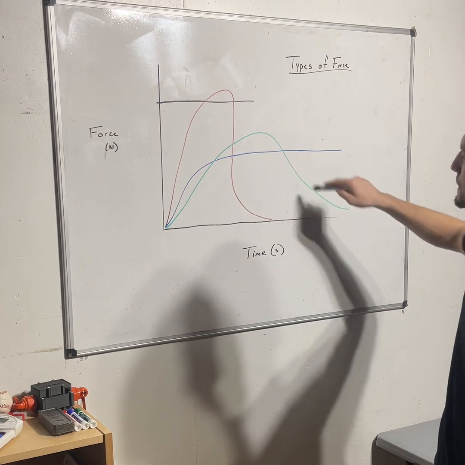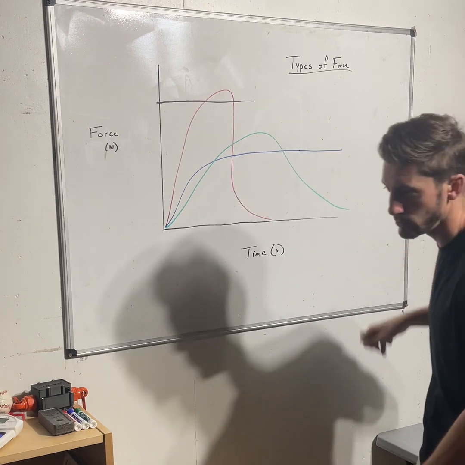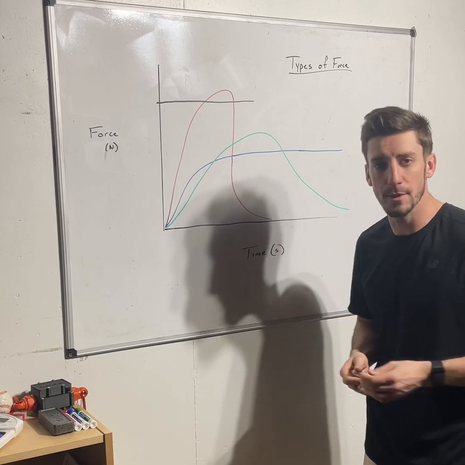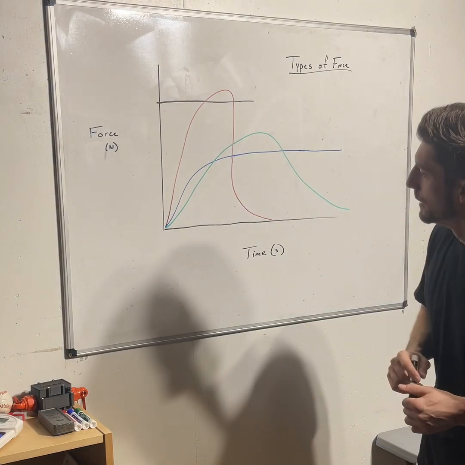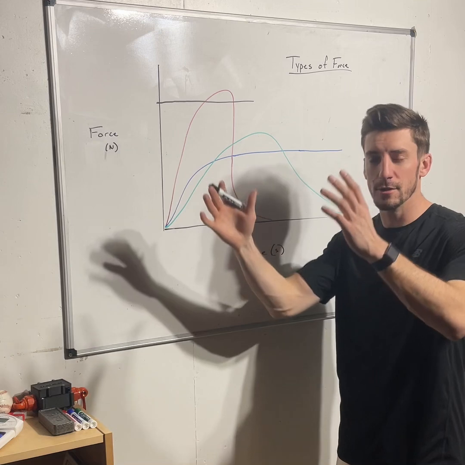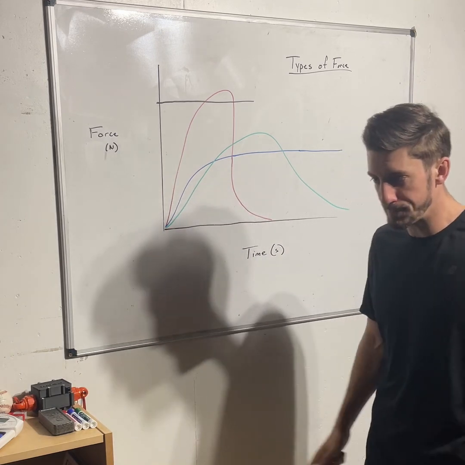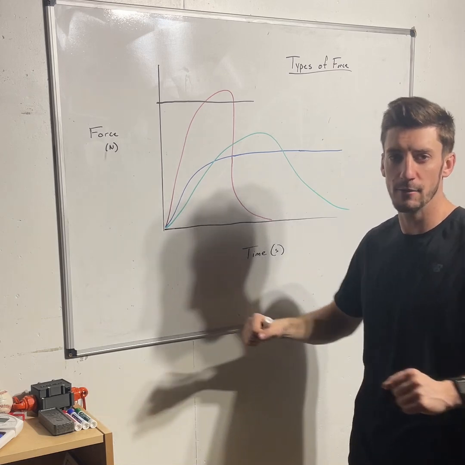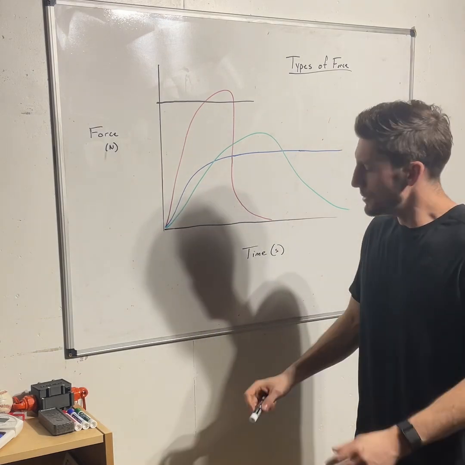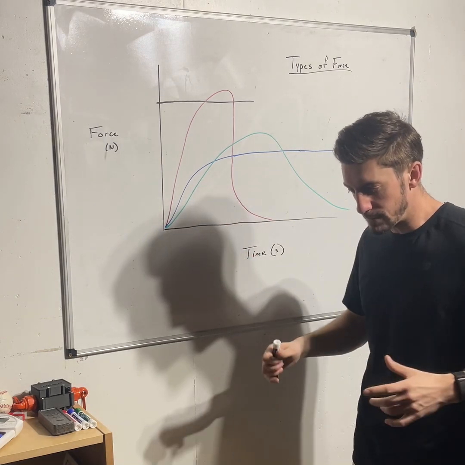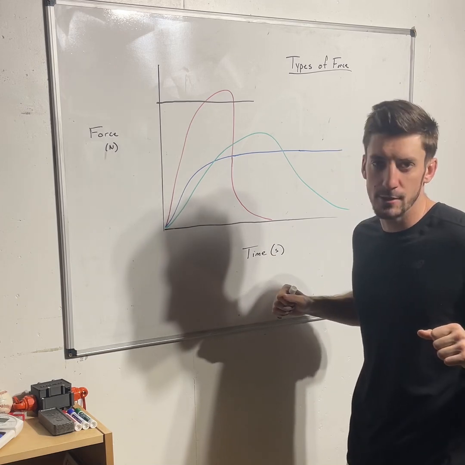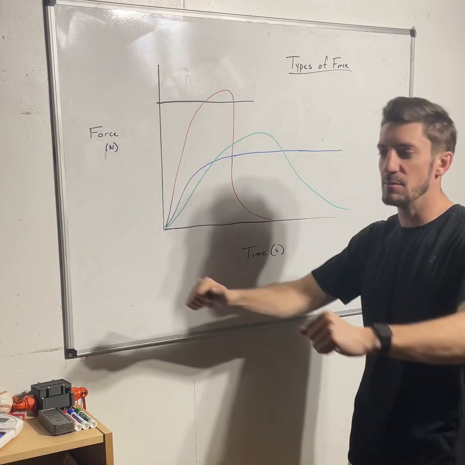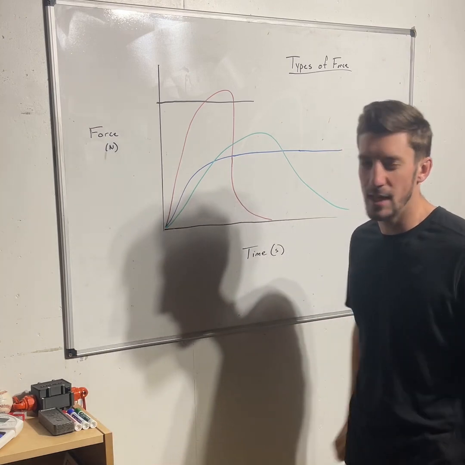Then we take you to the green line, which is your most known, your most common line of force. Think about this, if you go to your public gym, you go over to the free weight area and everybody's benching. So if I take my dumbbells, I lay down on a bench and I do 10 reps, and it takes me about 10 to 20 seconds.